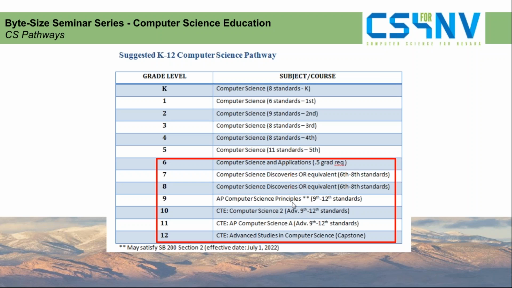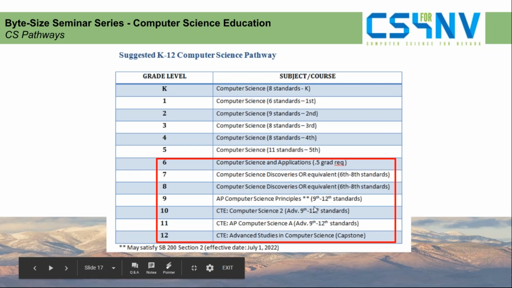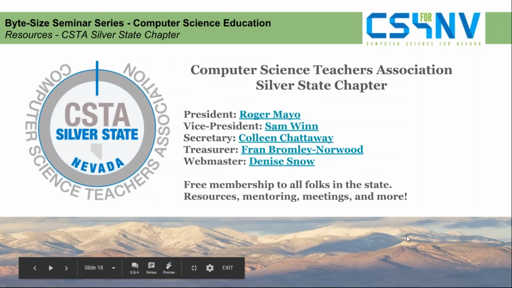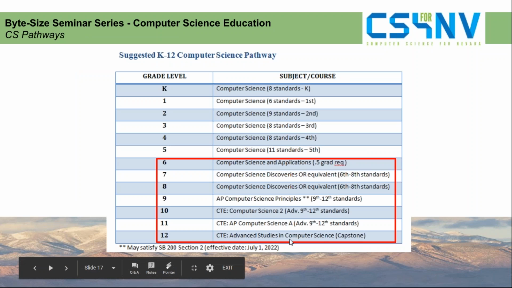Another suggested pathway is your AP Computer Science Principles. That is being taught at a freshman level, for example, and then they could go right into the CTE pathway, Computer Science 2, Level 3, which is the Computer Science A course, and then Advanced Studies.